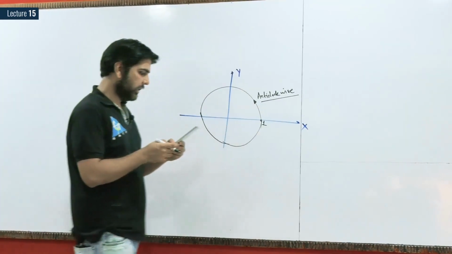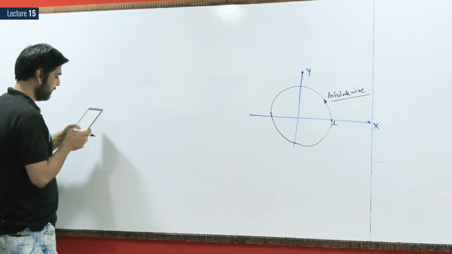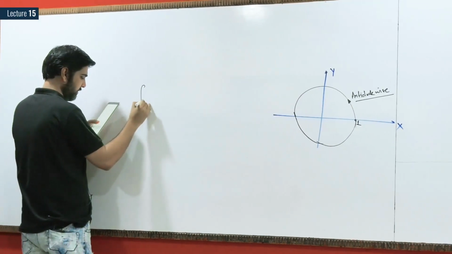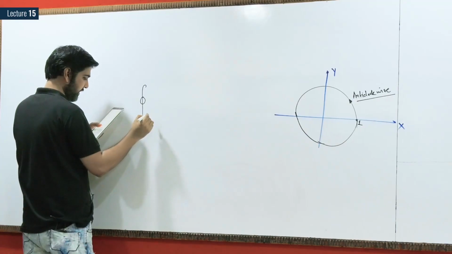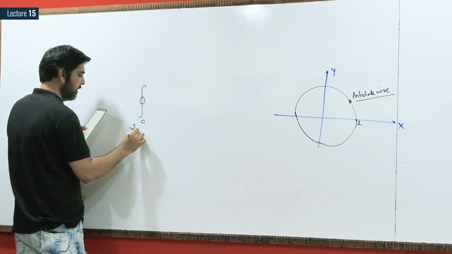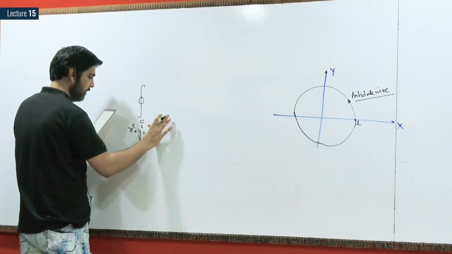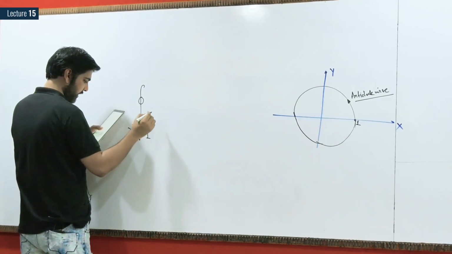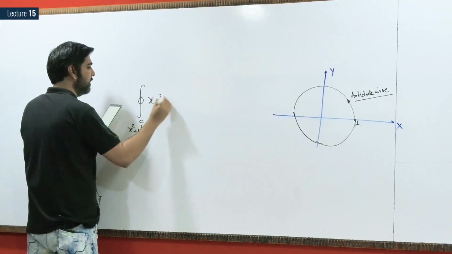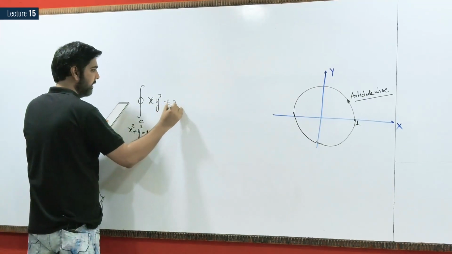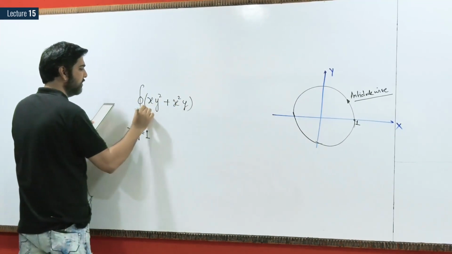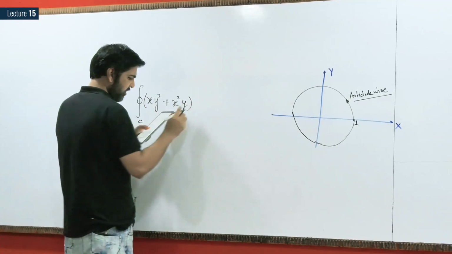So the value of this closed integral, where C is x square plus y square is equal to 1, of xy square plus x square y, it was asked in GATE 2017, I think, over this curve.